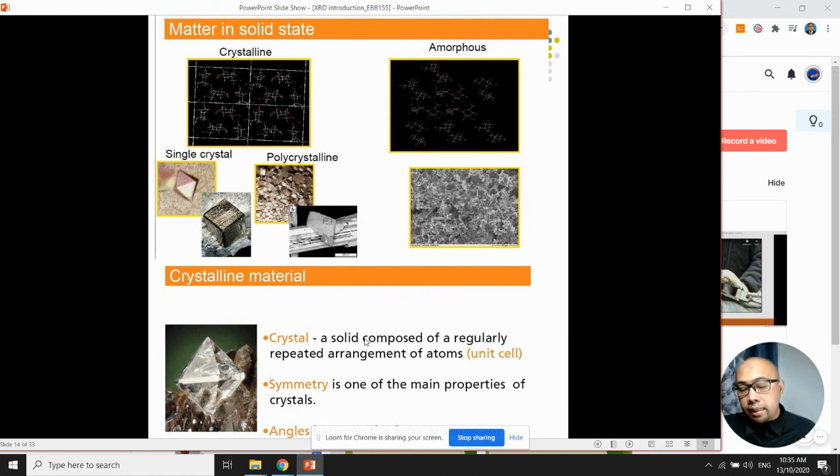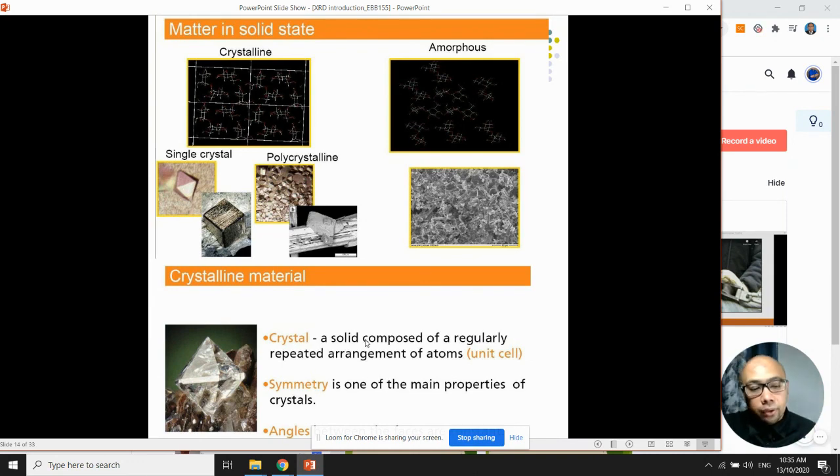It can be polycrystalline, amorphous, or semi-crystalline. That's why when you work in the real engineering world later on, most companies dealing with this kind of advanced analysis sometimes want to look at the amorphous phase or the semi-crystalline phase, and they can also use XRD.